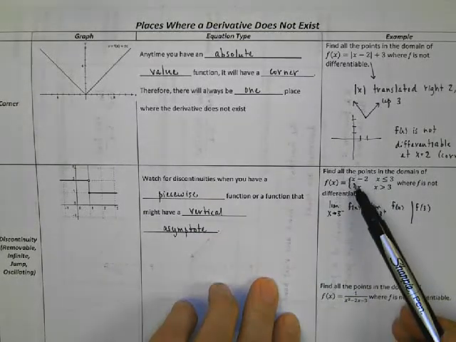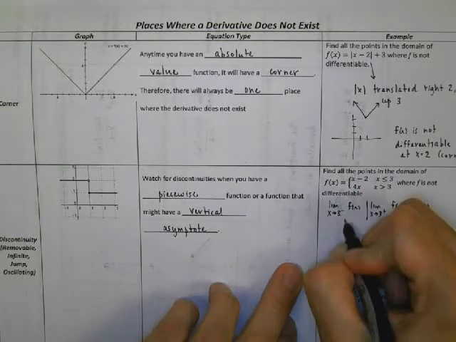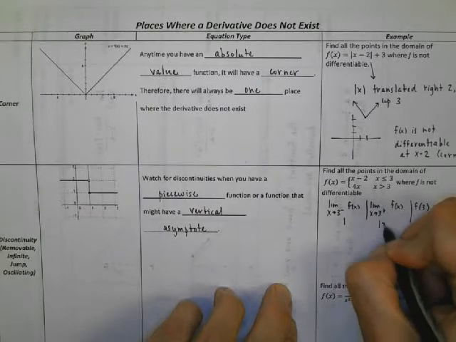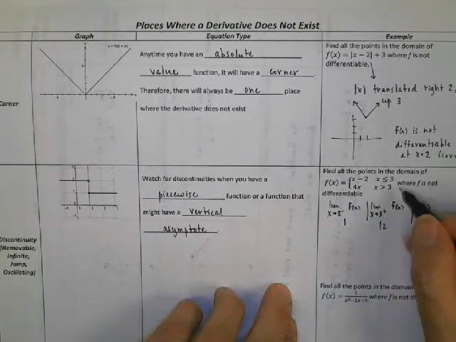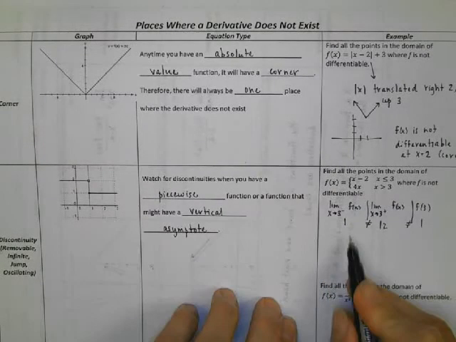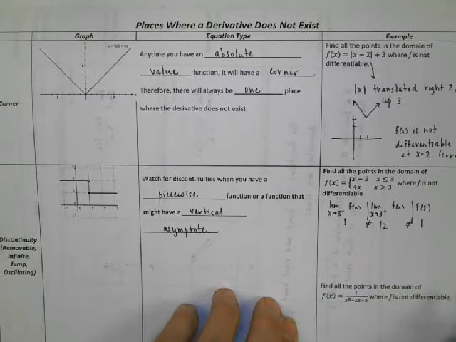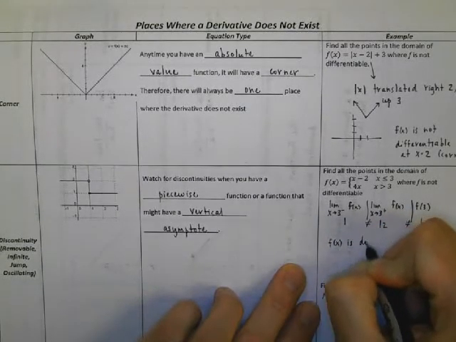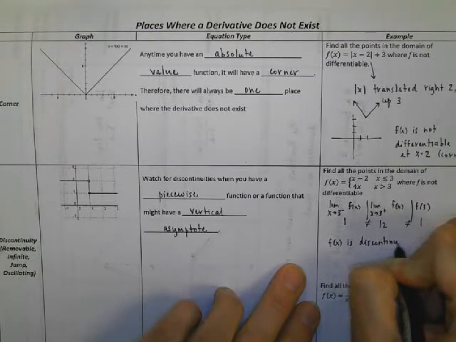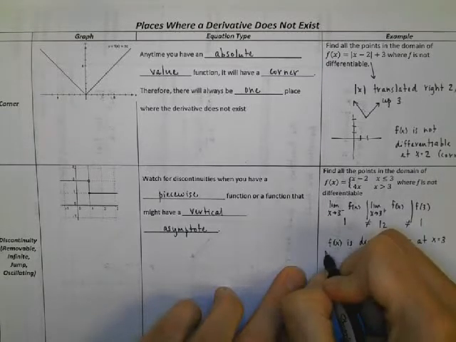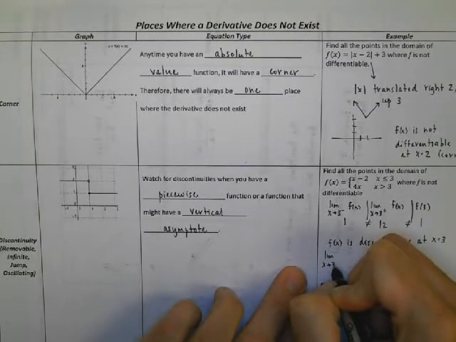So doing a quick check, I know that my limit from the left would be 3 minus 2, which is 1. My limit from the right would be 4 times 3, which is 12. And my function value also happens to be on this piece here, so 1. And pretty clearly, we can see that our left and right hand limits are not equal to each other. So that is discontinuous at x equals 3. So I'm going to say f of x is discontinuous at x equals 3 because our left hand and right hand limits do not agree.